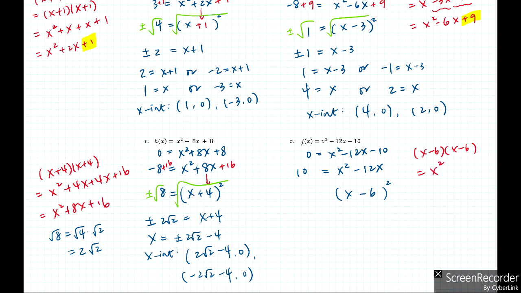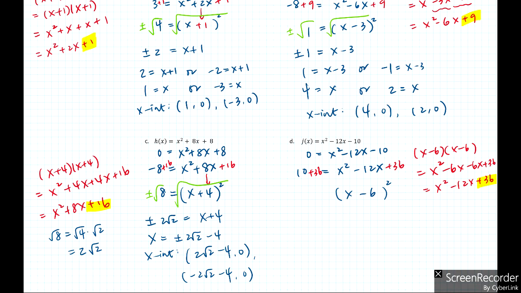So we had x squared minus 6x, which gives us negative 12x. Perfect. Negative 6 times negative 6 would be positive 36 over here. And we get x squared minus 12x plus 36. That's the additional term we had to incorporate into the expression. So plus 36 and plus 36 over here.